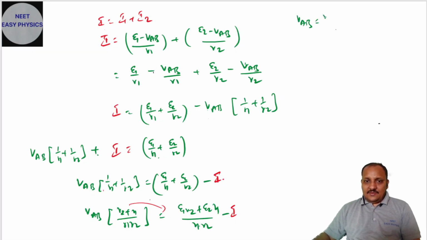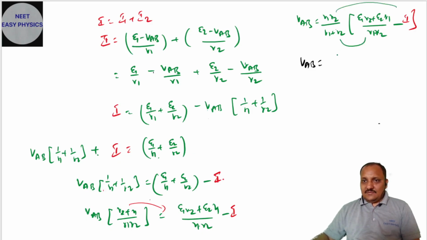VAB is equal to R1 R2 by (R1 plus R2) into (E1 R2 plus E2 R1) by R1 R2 minus I. After multiplying, R1 R2 will be cancelled.